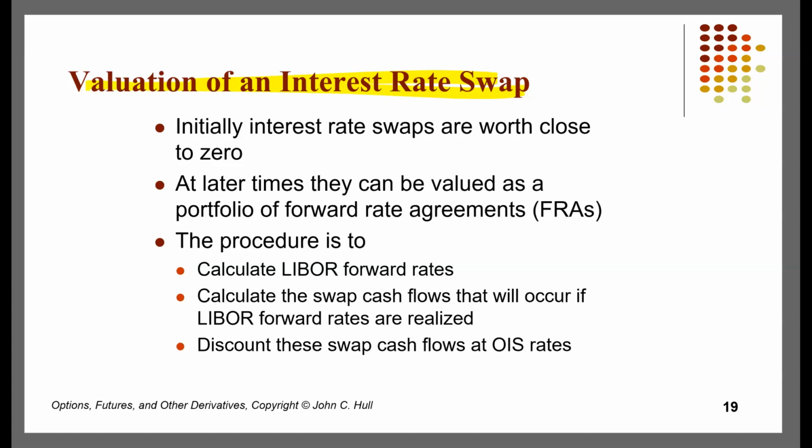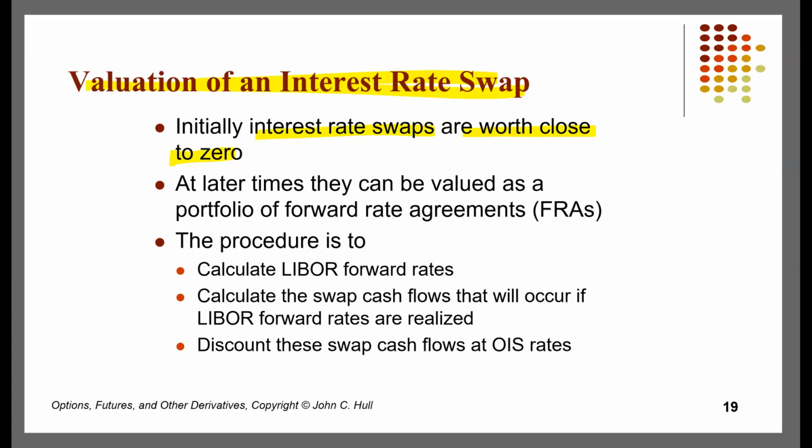So the process is going to be to remember that when a swap agreement is entered into or constructed, it is constructed such that the interest rate swap itself is worth nothing or close to zero for the financial intermediary, right? So if it's worth nothing or close to zero for the financial intermediary, it can have a positive or negative value over time.